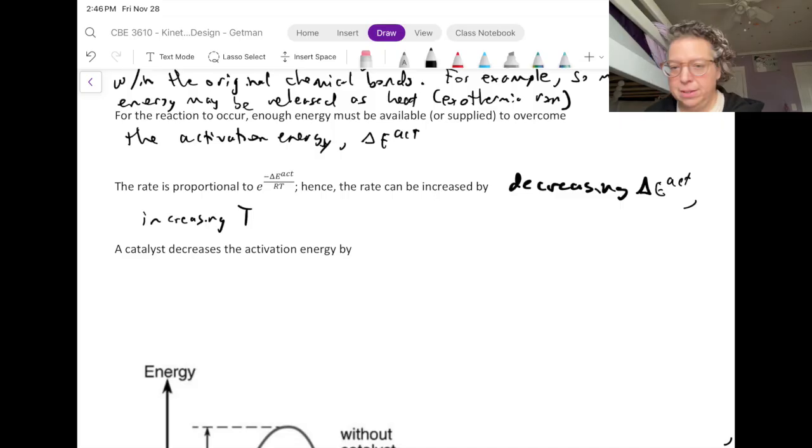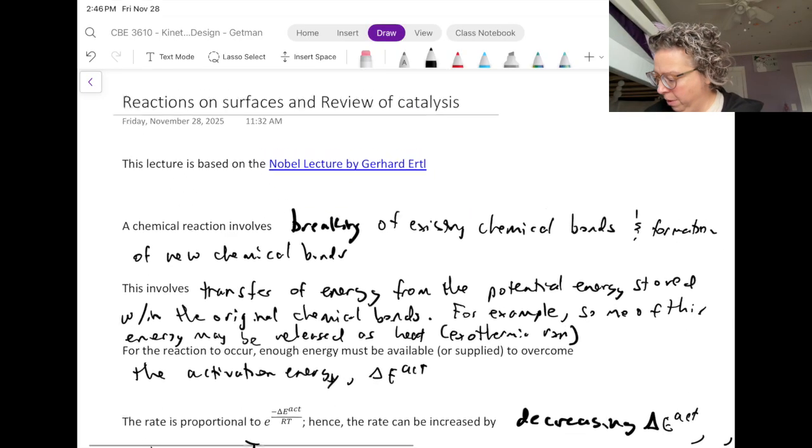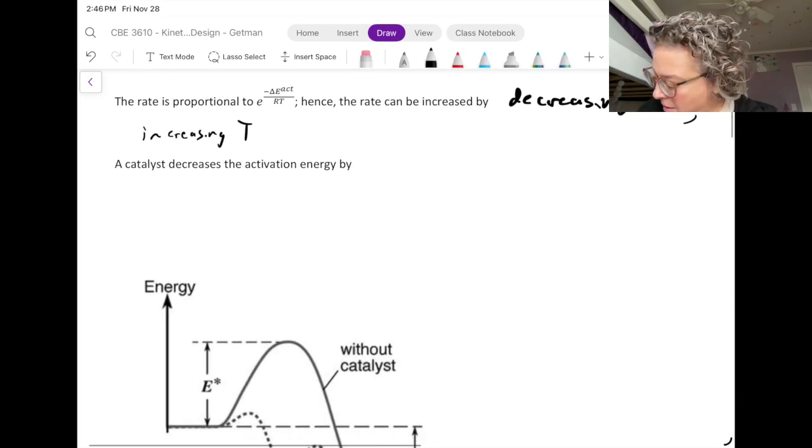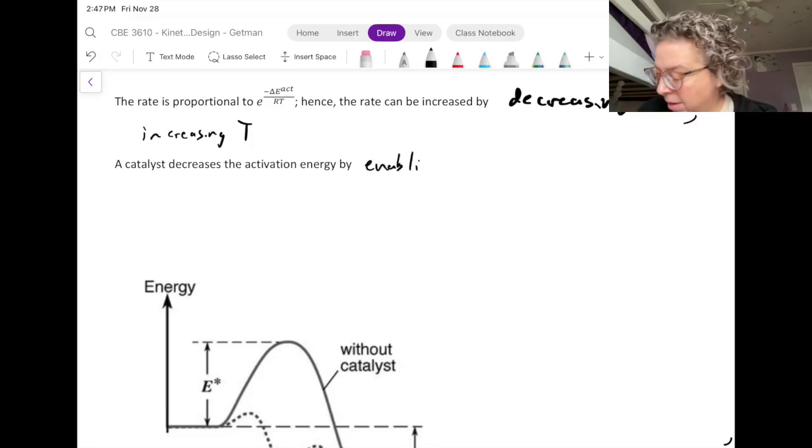So a catalyst decreases activation energy by enabling an alternate reaction pathway.